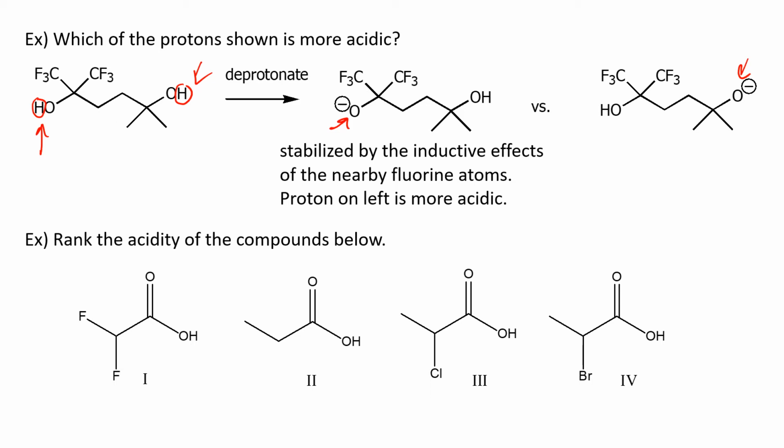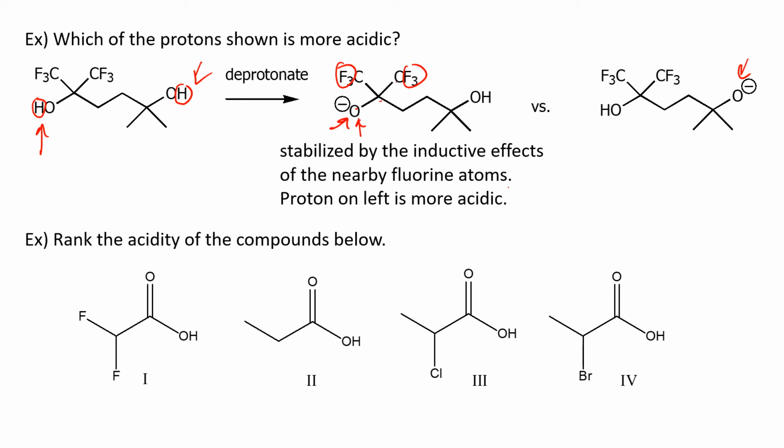So we move on to the induction factor. And what we're looking for is, are there any electron withdrawing groups in the vicinity of our negative formal charge? And yes, there are. We have 2 carbons, that's 1, 2, 3 atoms away, that has electron withdrawing fluorine atoms.